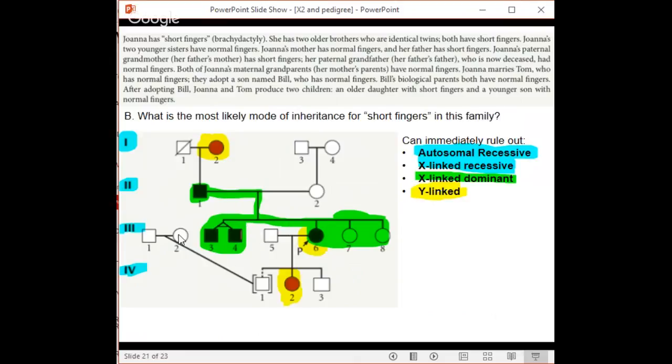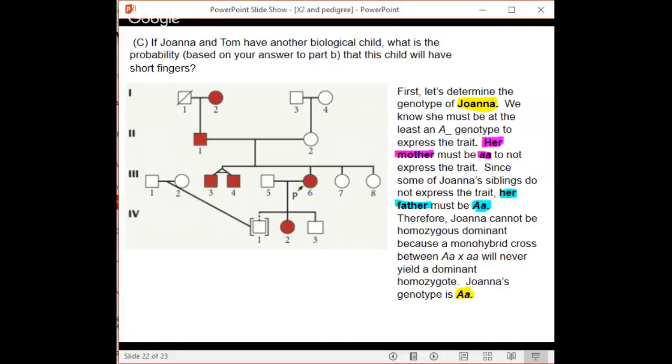So every individual in this, his offspring, would express that trait. And we can also rule out Y-linked because obviously we have women that are presenting. So since we've ruled all those out, we can conclude that condition is most likely autosomal dominant.